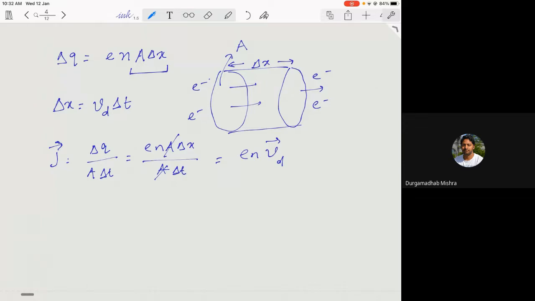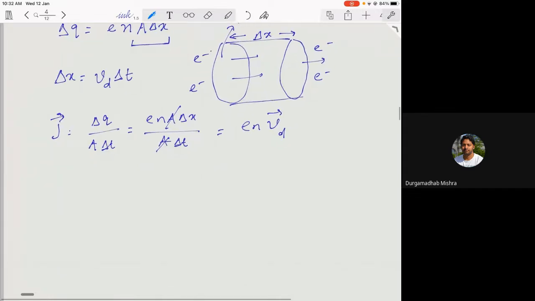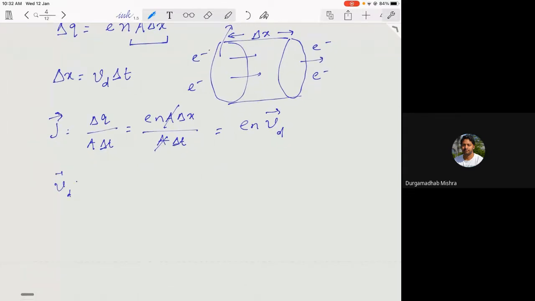Now let's take a closer look at this drift velocity. We defined Vd as 1 by n, and then we sum over all the electrons. What we are saying is all are free electrons, so n is the number of free electrons.